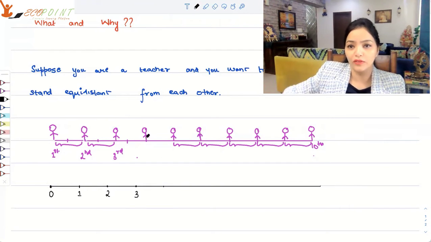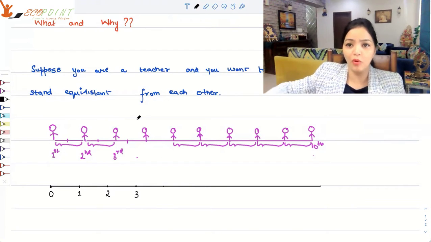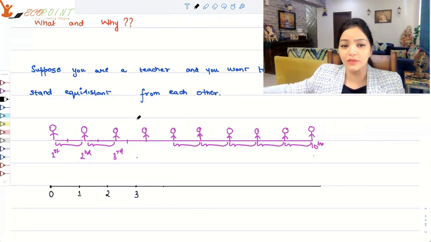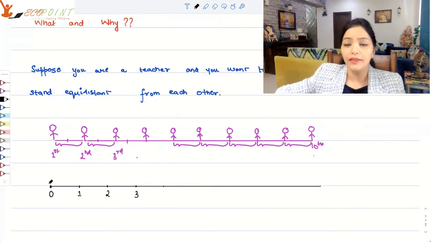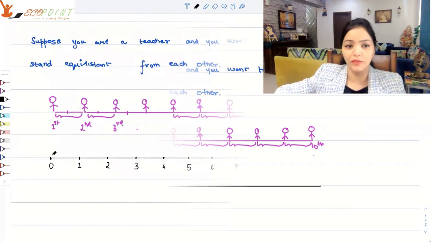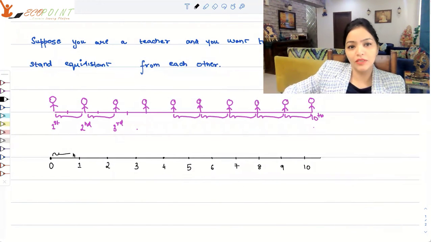So we can keep on writing our numbers out here, equidistant to each other. One unit distance is what we can see here. I'm starting with 0, so these are whole numbers. The distance between 0 and 1 is 1. The distance between 1 and 2 is also 1.